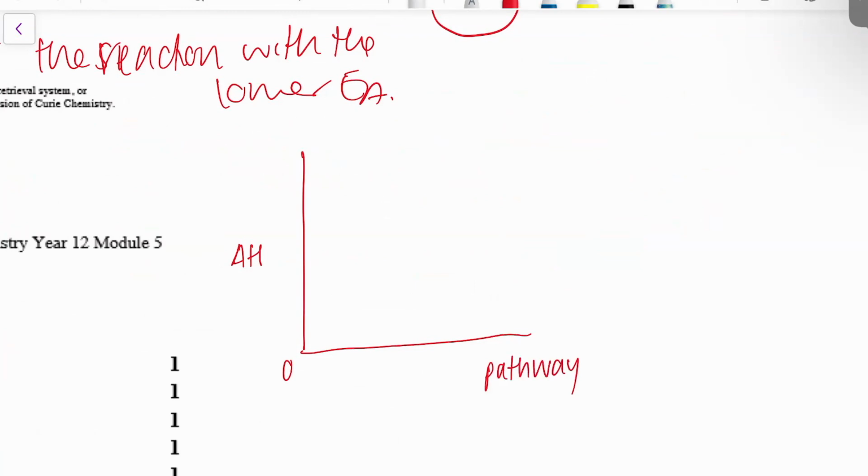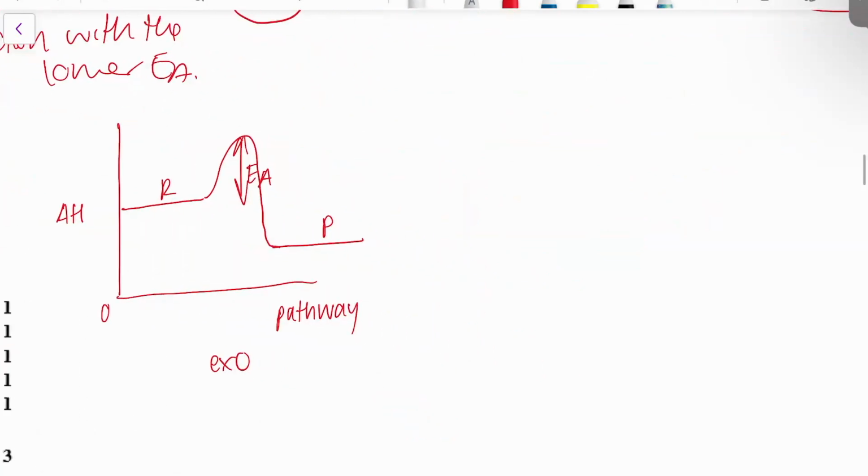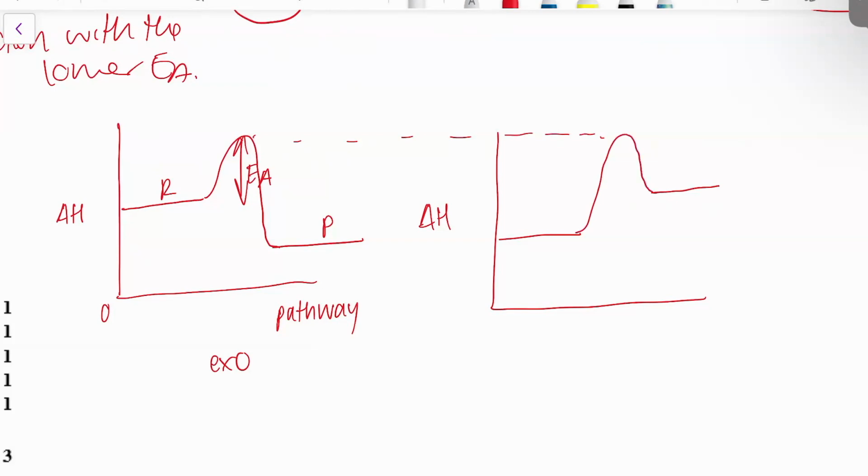So the reactants and products swap. So let's say the forward reaction is exo, which means it's losing energy over time. So this is what it looks like. And then this is the activation energy. And then for your reverse, products become reactants, reactants become products, and the activated complex stays the same. This is endo, and this is activation energy.